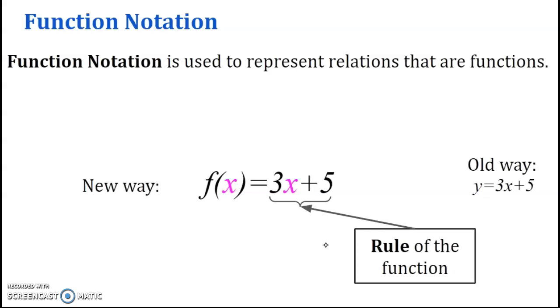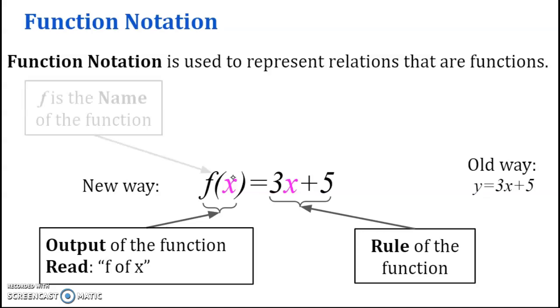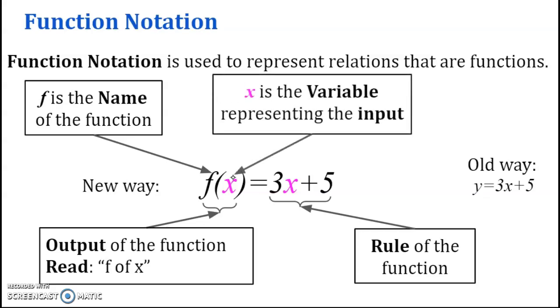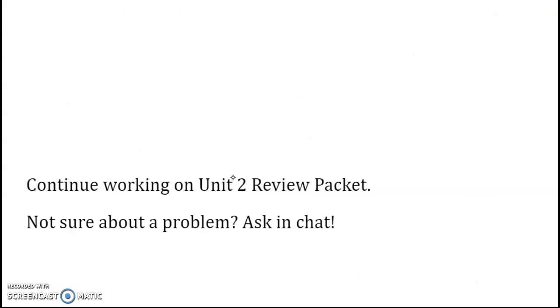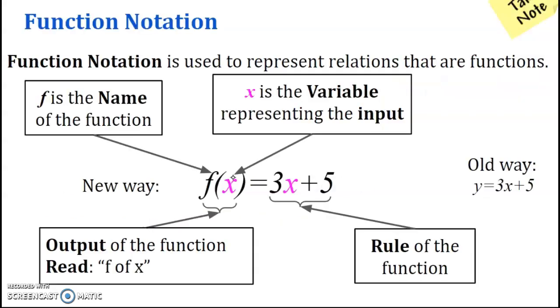The input is first multiplied by 3 and then added to 5. And the output is represented by what comes out, or f of x. So f of x is the output of the function. Finally, f is the name of the function, and the x is the variable representing the input. And these are notes that you had seen and taken before.